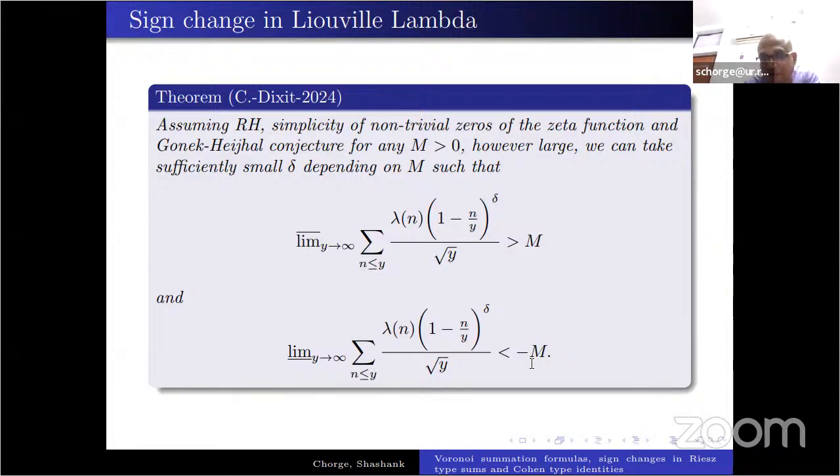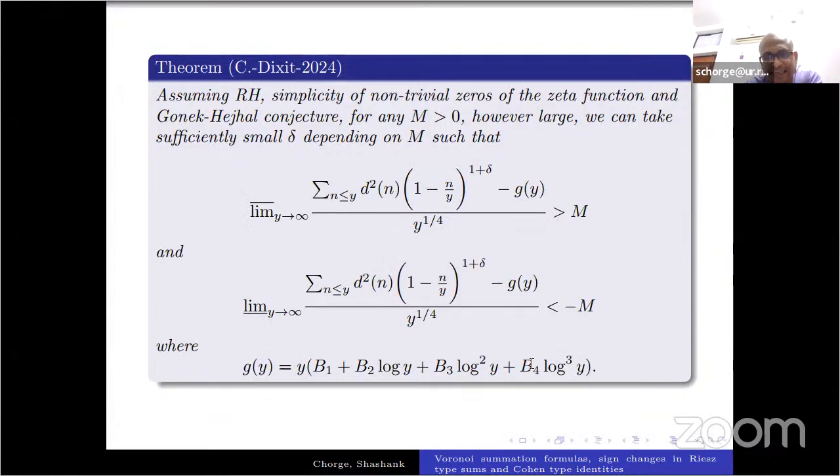And for d square also we have similar results. The d square results are slightly complicated. For d square we can see here it is not just any delta greater than 0, but rather 1 plus delta. And g of y is a polynomial given at the bottom, a polynomial in log y, multiplied by y.